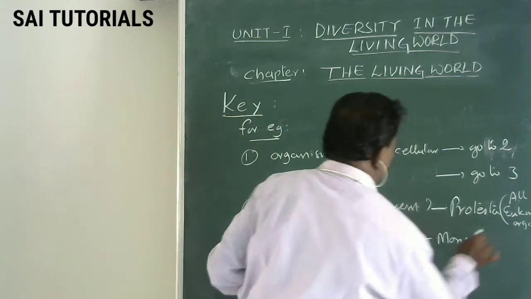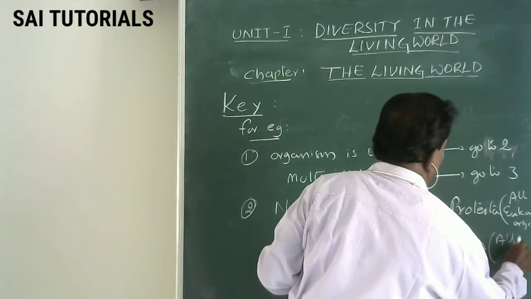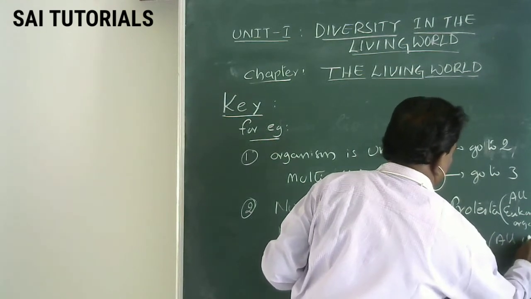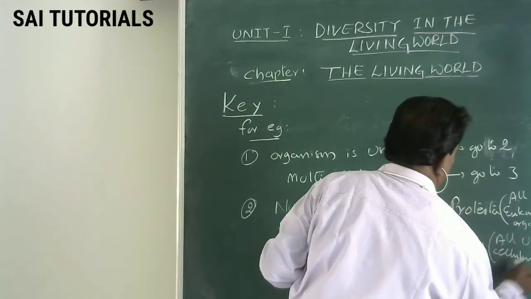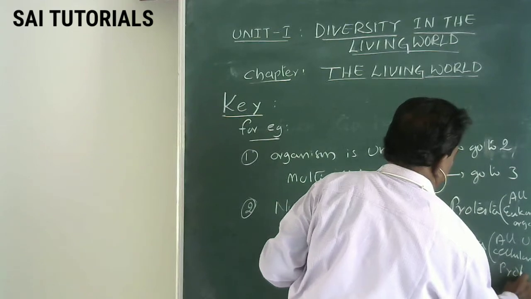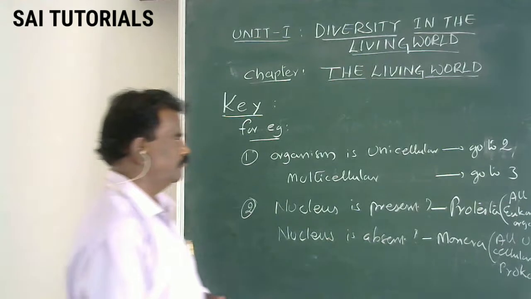All Monerians are unicellular and prokaryotic.